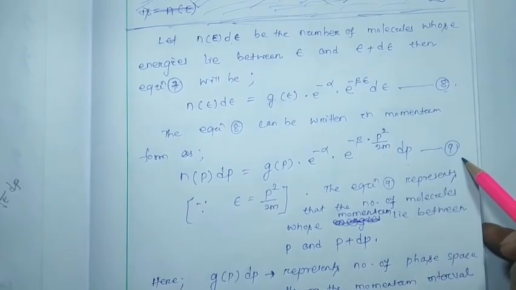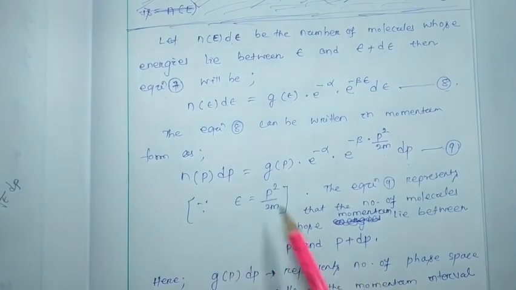Let this be equation number 9. Here epsilon is p square by 2m.